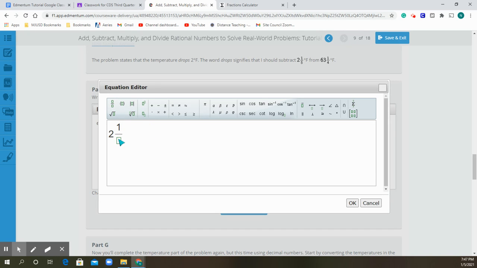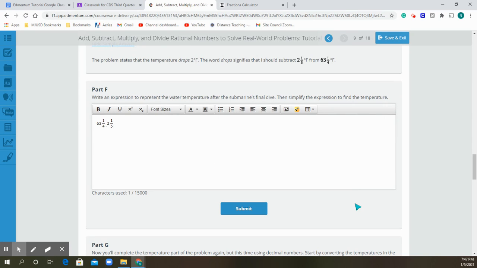If these numbers are hard for you to remember and you have to scroll back and forth, get some scratch paper and just jot it down real quick. So I know this might be difficult to see, but it does say 63 1/4 minus 2 1/5.